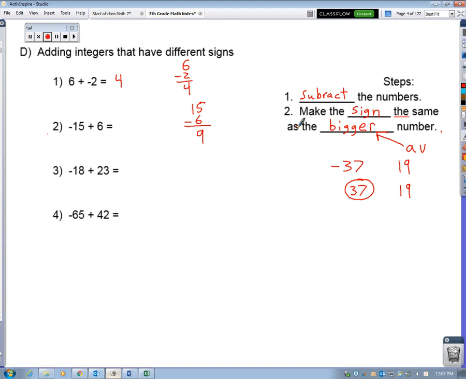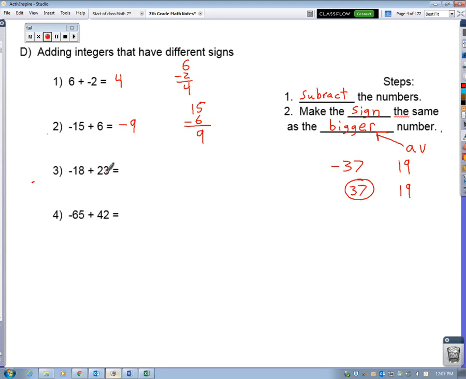In this case, the negative 15 has a bigger absolute value than 6. So my answer has to be negative. So I'm going to just make it a negative 9. Take my 9, just put a negative in front of it. That's our answer.